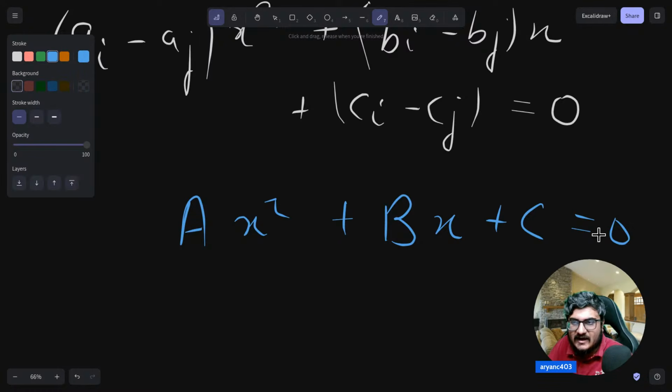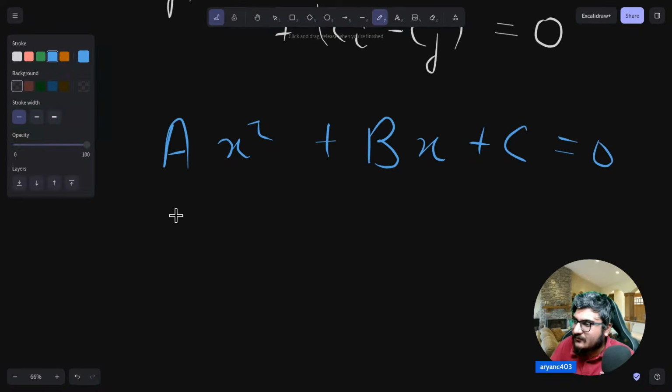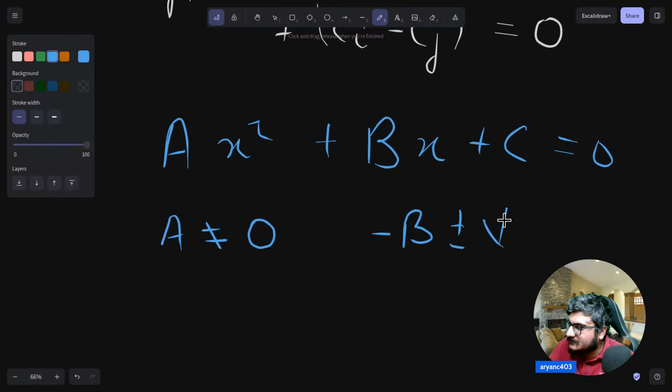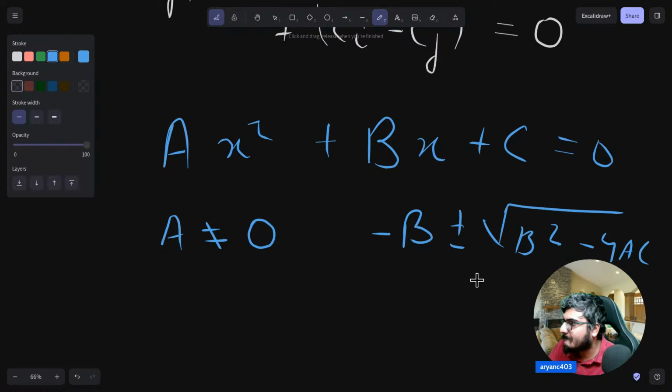Now, if a is not equal to 0, then this is a quadratic equation. And you know a solution for a quadratic equation looks like this: minus b plus or minus root of b square minus 4ac, divided by 2a.